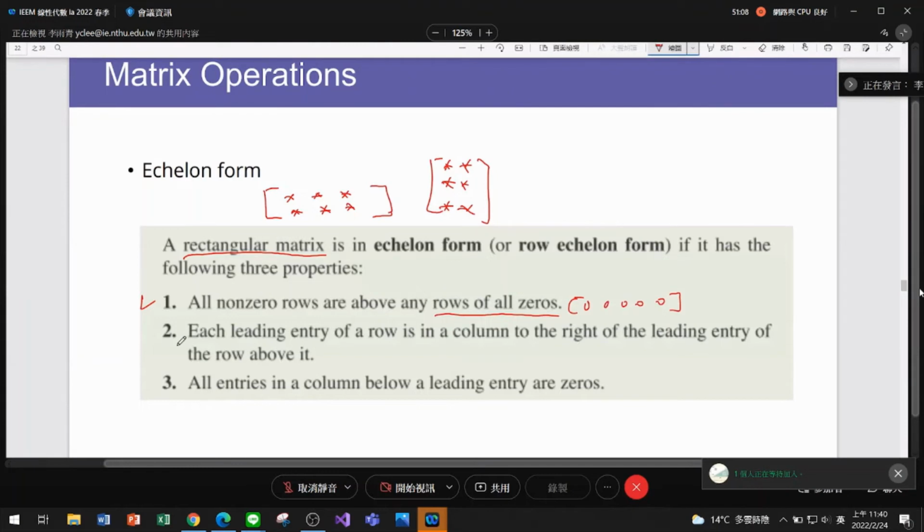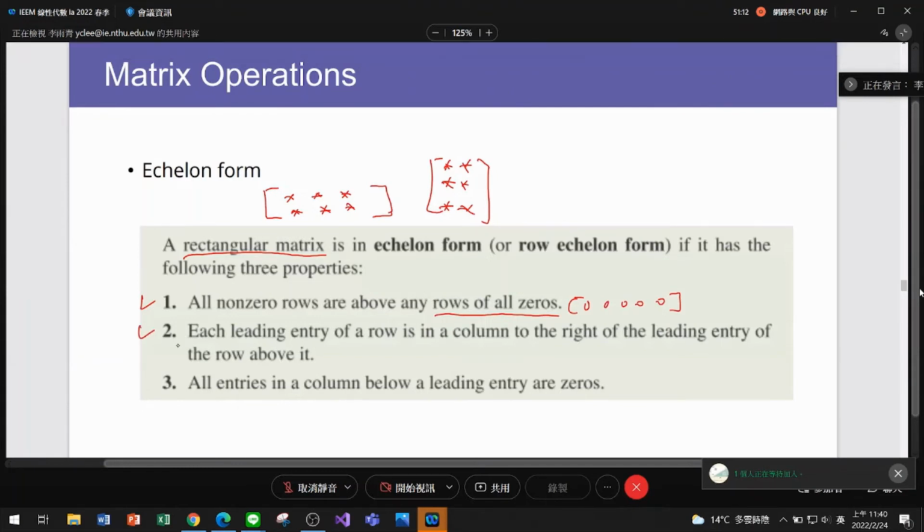And for the second, each leading entry of a row is in a column to the right of the leading entry of the row above it. So what is a leading entry? Leading entry is the first non-zero element in that row.